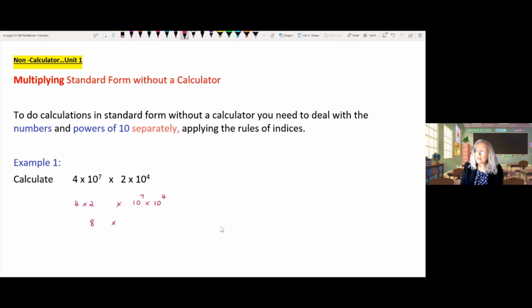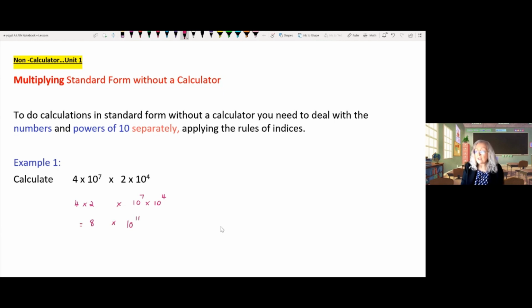The rules of indices: when you are multiplying, and they're in the same base 10 here, you can add these little numbers up. So 4 add 7 is 11. So this is 10 to the power of 11.